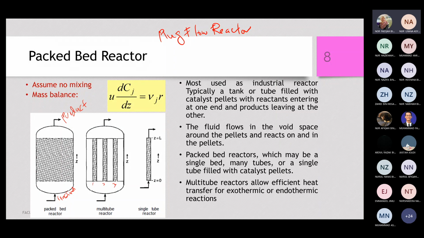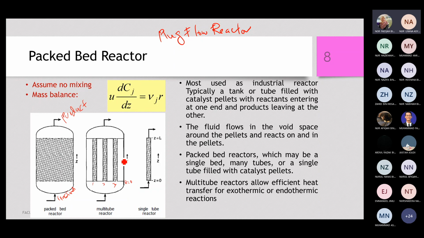So when we want to determine the reaction rate involved in the reaction, for this system we need to consider the length where the reaction occurs. The reaction occurs, of course, starting from the part that consists of catalyst. So that's why Z equals 0. Z equals the length of catalyst.